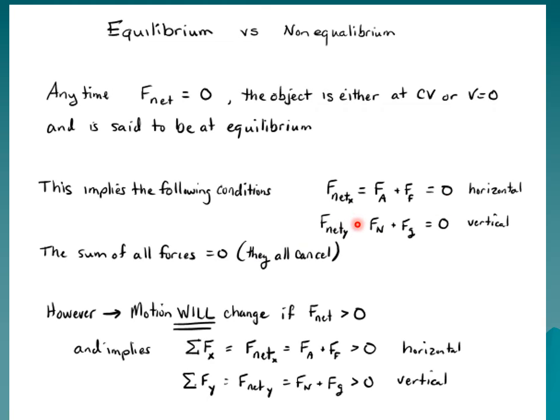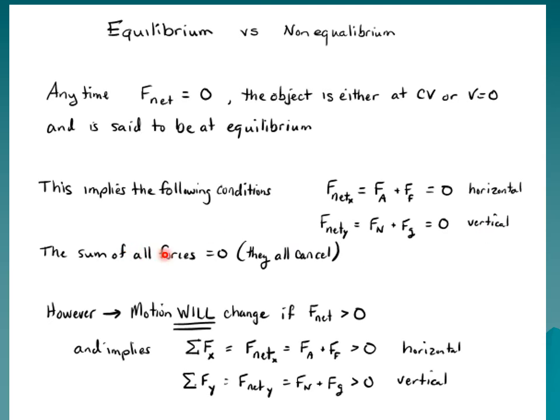And also in the y direction, the net forces there would be any normal force combined with any force of gravity. Remember again, force of gravity will be negative. So you add these together. If they add up to zero in the vertical direction, there is no net force. So it remains unchanged. So constant velocity or zero velocity.